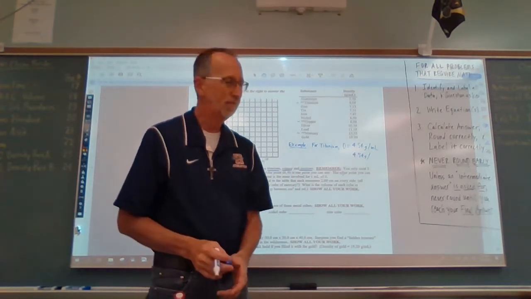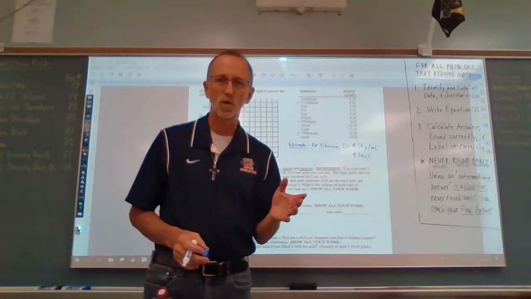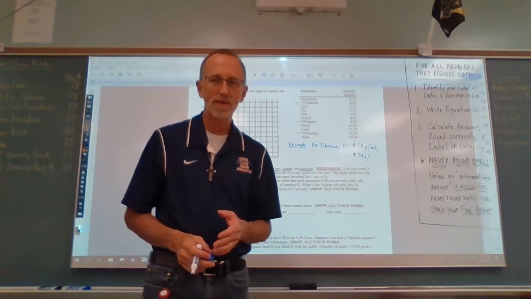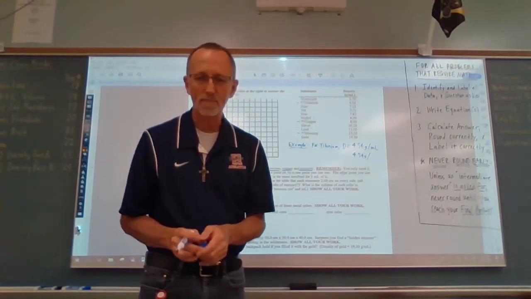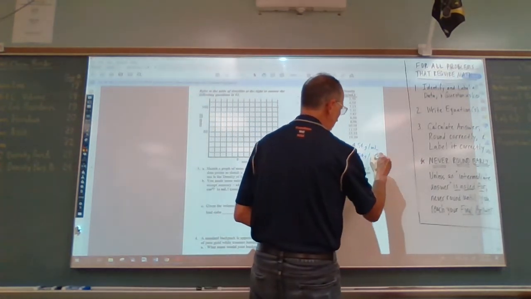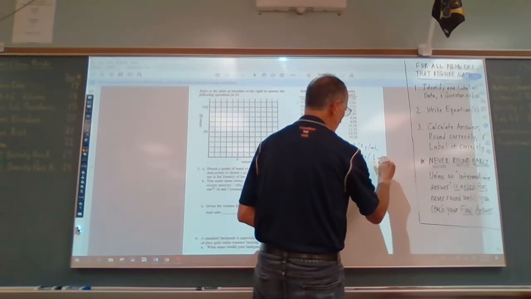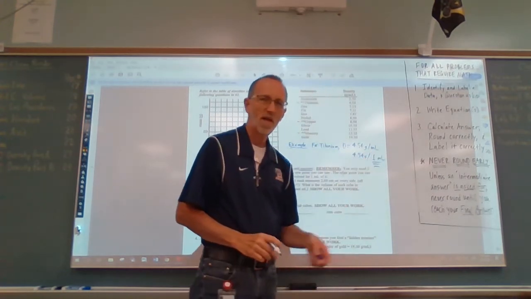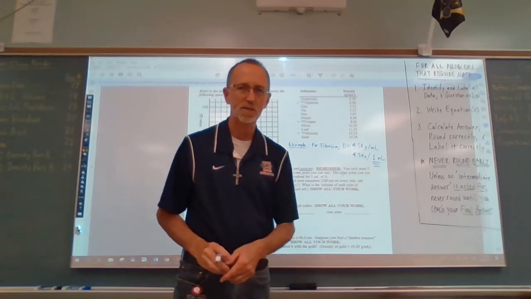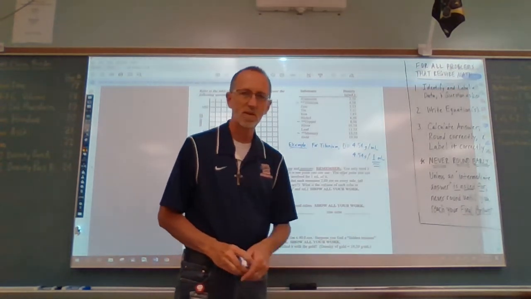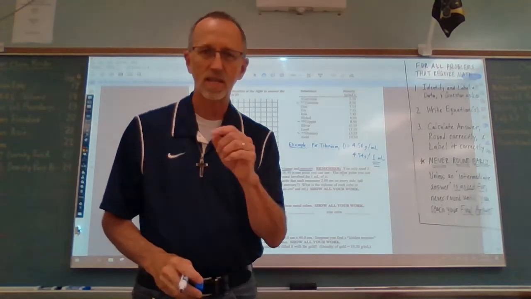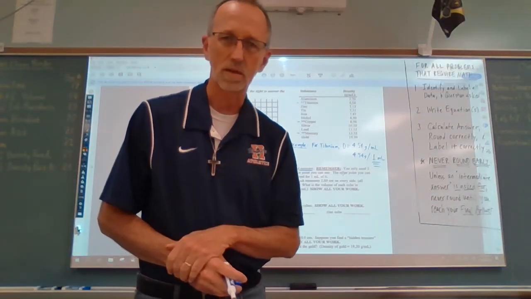If the density is 4.54 grams per ml, that means there are 4.54 grams per 1 ml. We don't put the 1 there, but we call this a complex unit, a ratio of 2 units. There is a number associated with the unit in the denominator, and that number is 1.